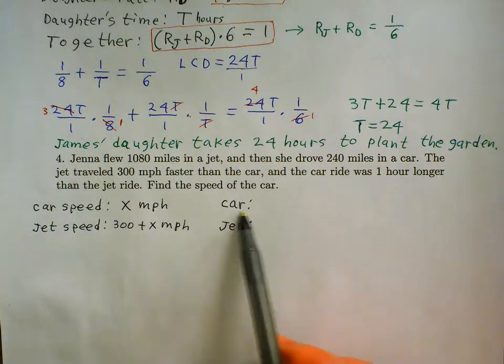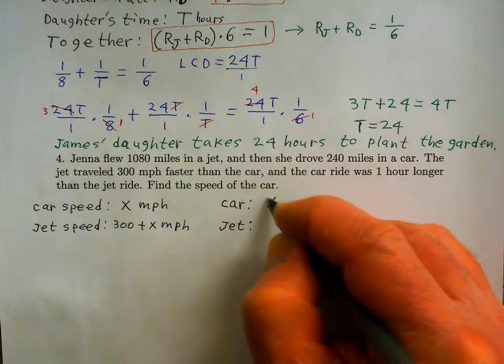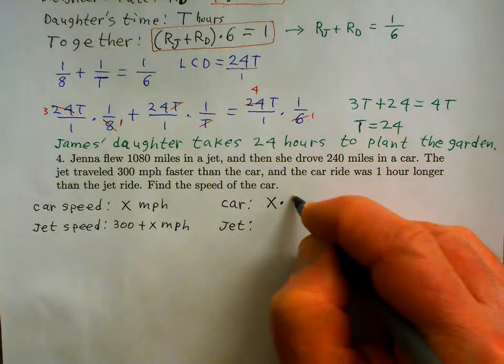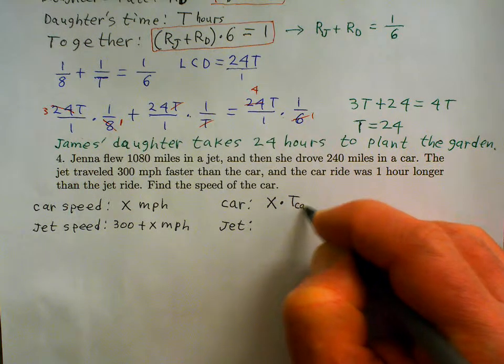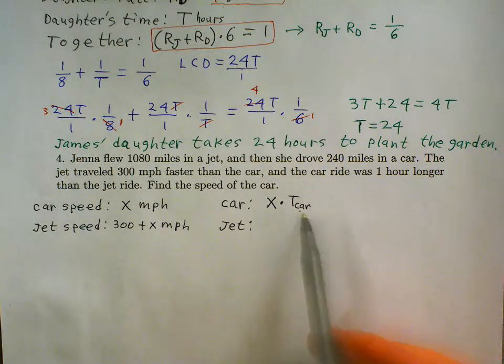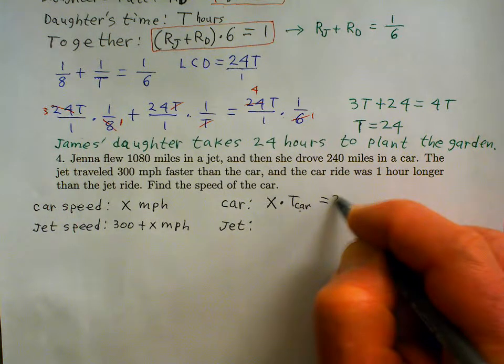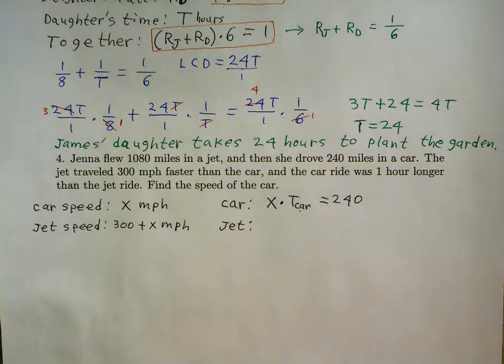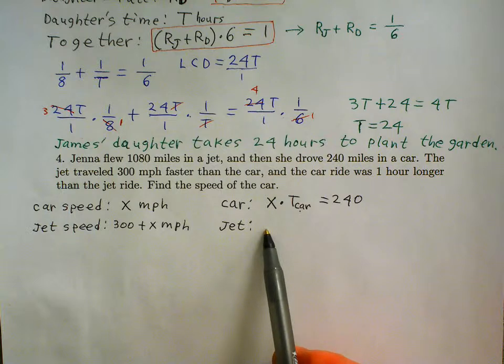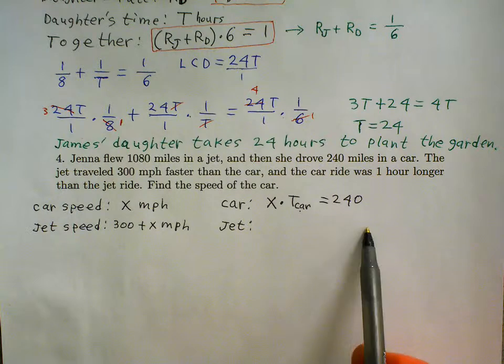Okay, so the car's rate is x miles per hour. And for now, let's use t sub car to represent the amount of time it took Jenna to drive a distance of 240 miles. And for the jet, we'll write an equation of that form, rate times time equals distance.